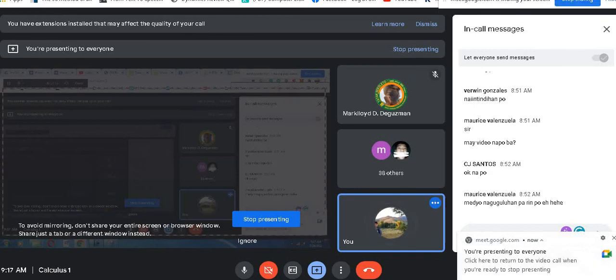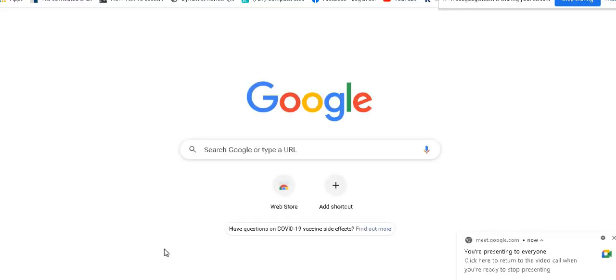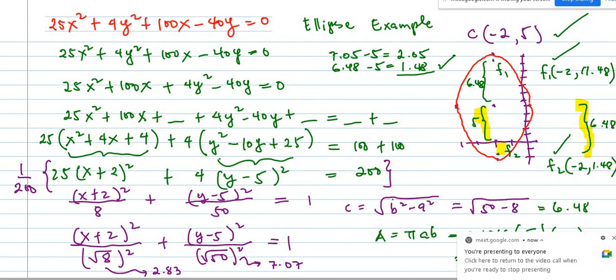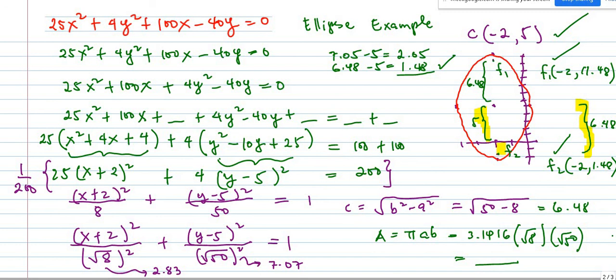Dapat po negative yung 1.48. Yep, dapat minus, negative yan, sorry. Negative po yan kasi going downward, tama.